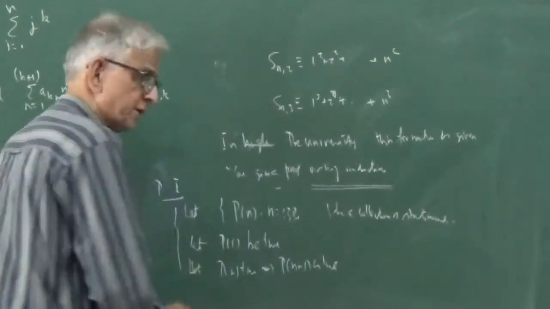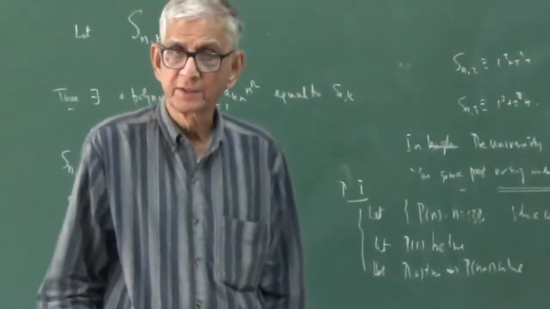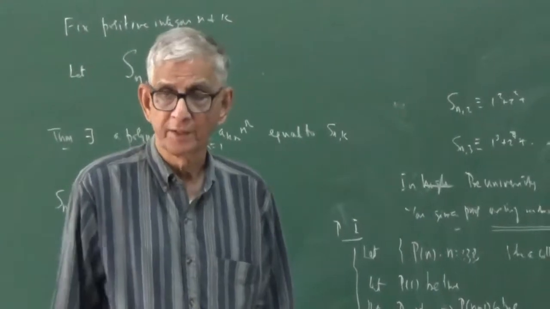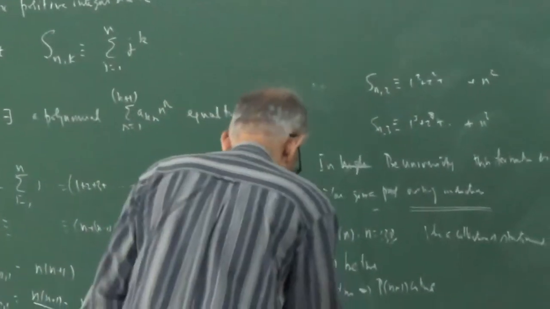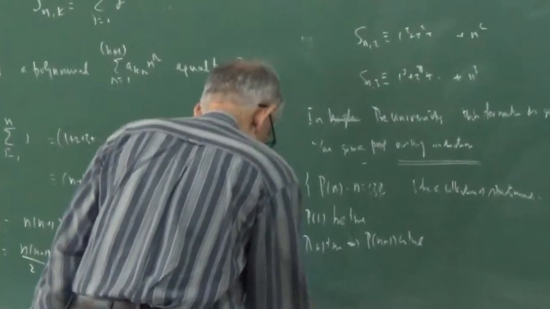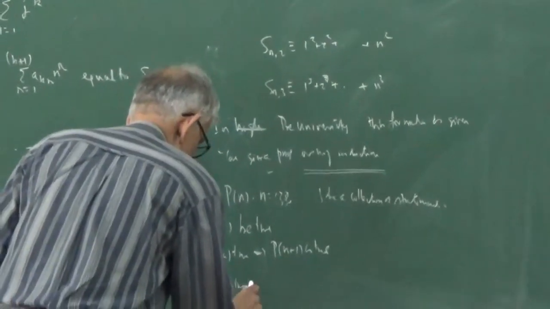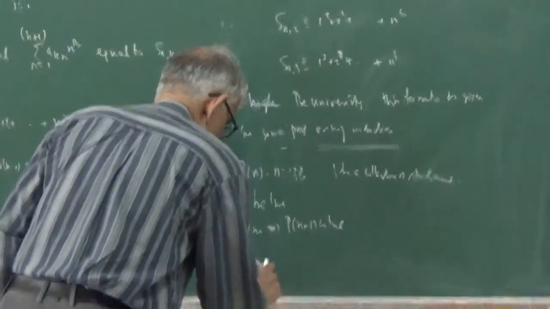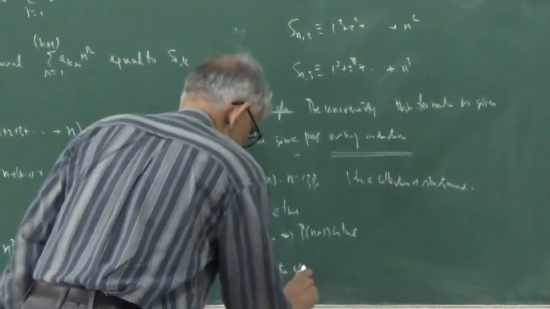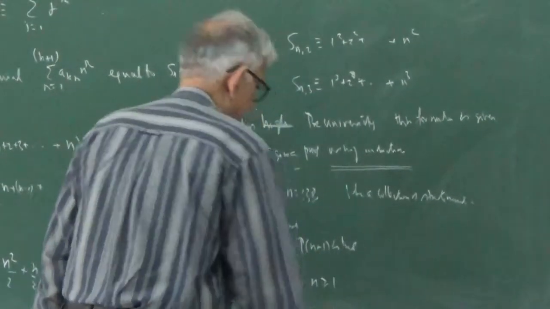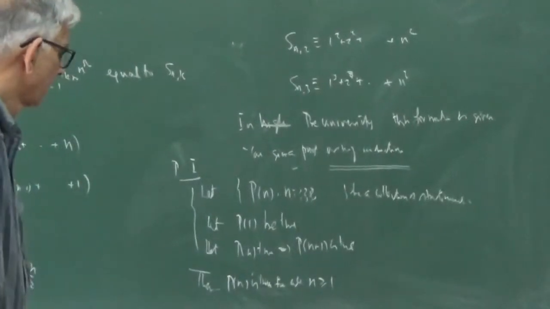So if these things are available to you, then the conclusion is that P of n is true for all integers n greater than or equal to 1.